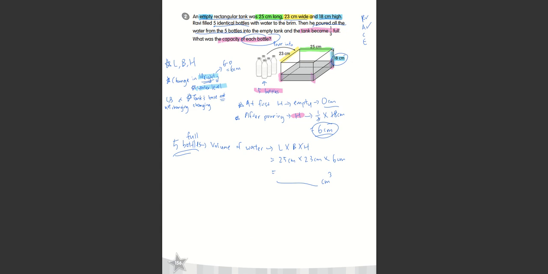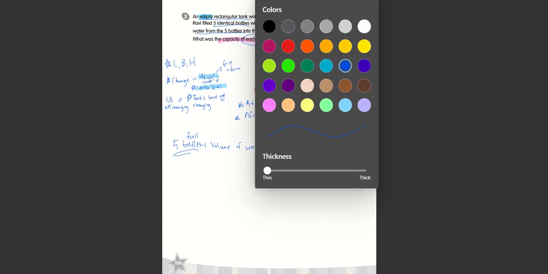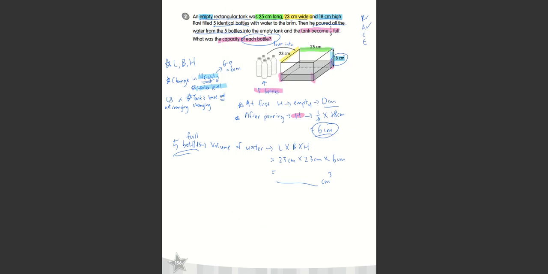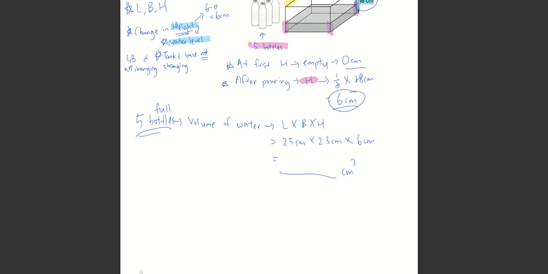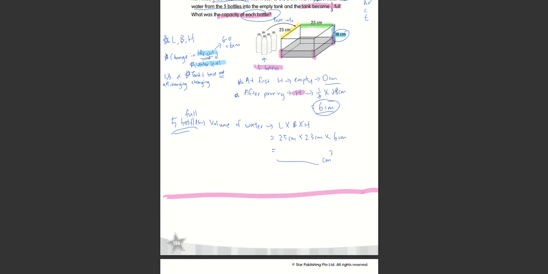So I could partition my work here, let's say I use this section to do workings. I'll do my workings here, 25 times 23, and then I get the answer, and then from the answer I multiply by 6.